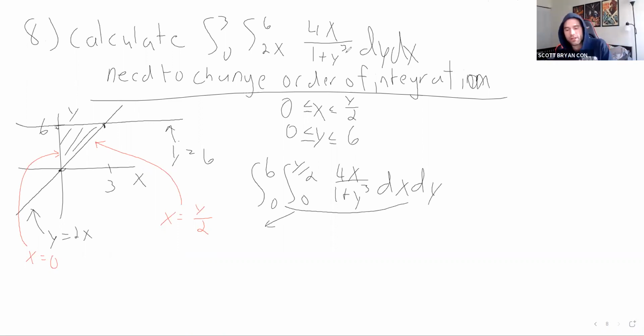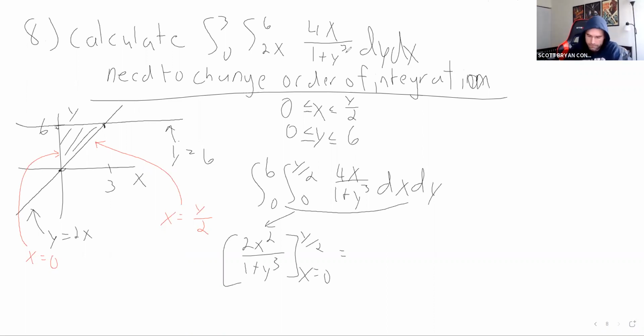So our integral: we have 4x over 1 plus y cubed. The 1 plus y cubed is a constant when we integrate with respect to x. 4x becomes 2x squared. So 2x squared over 1 plus y cubed, evaluated from x equals 0 up to y over 2.